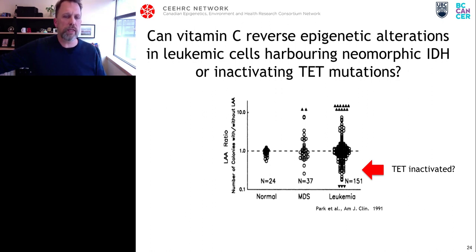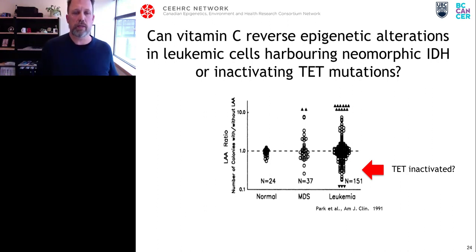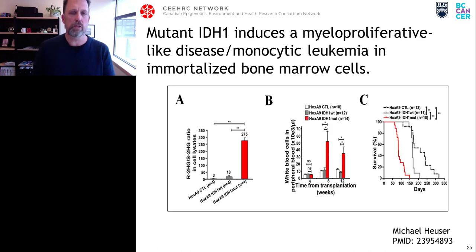What you can see is that in many cases, along the dotted line here, there was really no change in the cell, but there was a set of leukemic cells that responded to the ascorbic acid. And one might conjecture that the ones that responded may in fact be that subset of leukemic cells that contain inactivating mutations to TET or gain of function mutations to IDH.